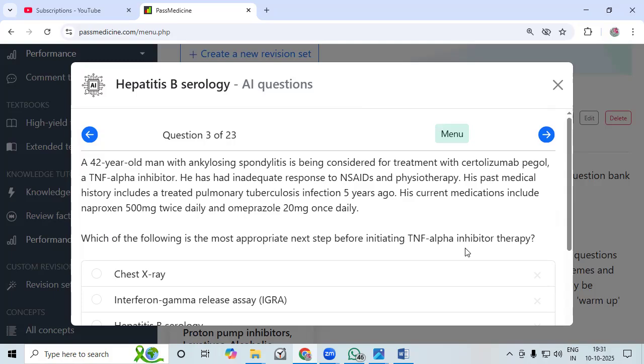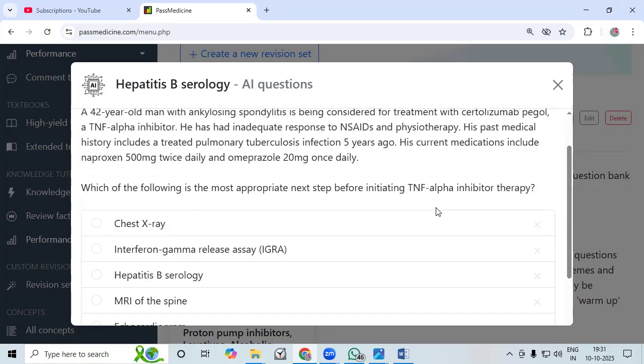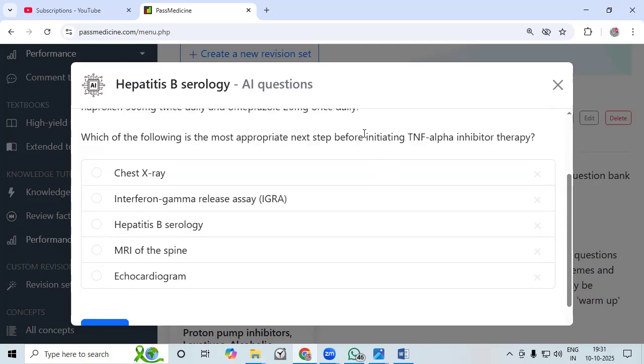His past medical history includes a treated pulmonary tuberculosis infection 5 years ago. His current medications include naproxen 500 mg twice daily and omeprazole 20 mg once daily. Which is the most appropriate next step? There are two side effects of TNF-alpha inhibitor therapy: reactivation of tuberculosis and reactivation of hepatitis B.